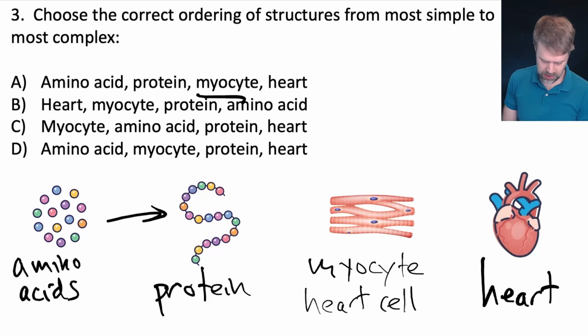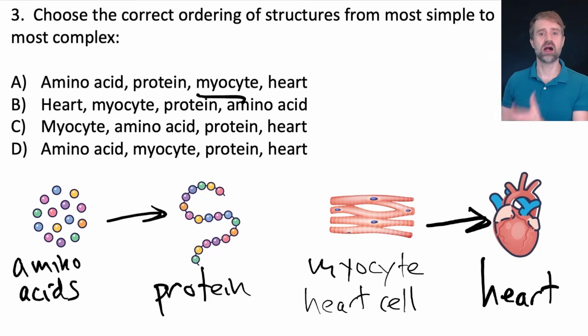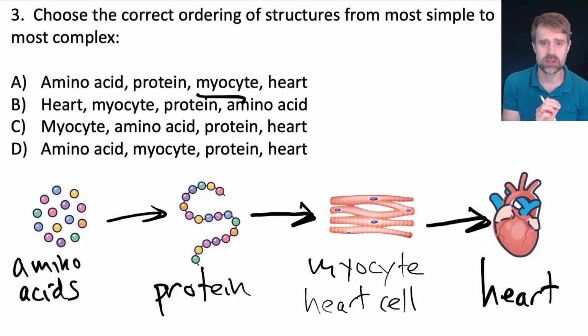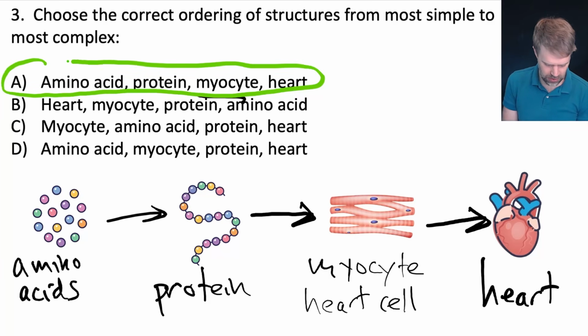So heart is made of many myocytes. And then obviously a cell is way bigger than a protein because there are thousands or tens, hundreds of thousands of proteins in one cell. So protein is more simple than a cell, a myocyte. So our correct order from simple to complex is amino acids, protein, myocyte, heart. Which one of these is the correct answer? It's going to be A, amino acid, protein, myocyte, heart.